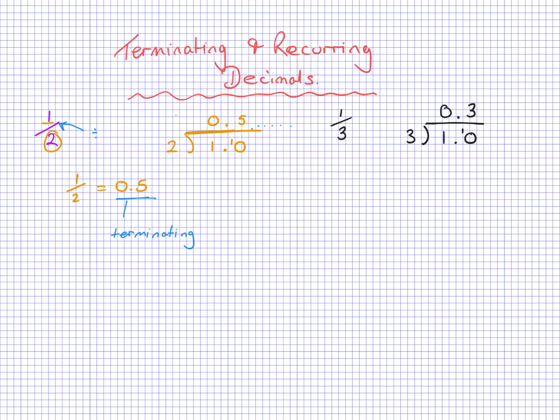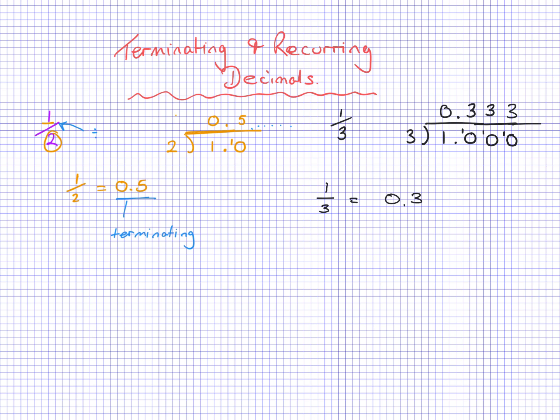There are 3, and there is 1 left over. How many 3's are in 10? Oh, there's 3 and 1 left over. And you get the idea. This process will keep going on forever. There is no stopping because I will always carry a 1 onto the next place. So the answer of a third in a decimal is actually 0.3 recurring.